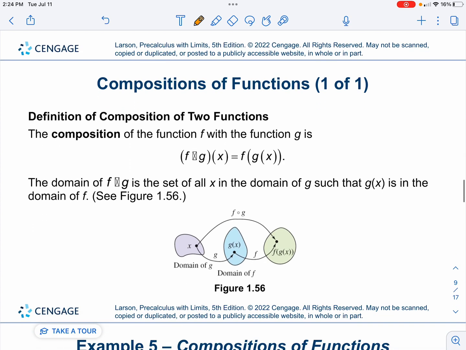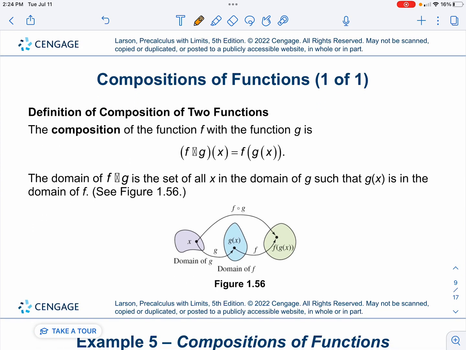Now a composition of functions is noted with a small o. When I downloaded the PowerPoint from Cengage, it changed all the composition symbols into a rectangle with an X in the middle, and it should actually be f composite g of x.